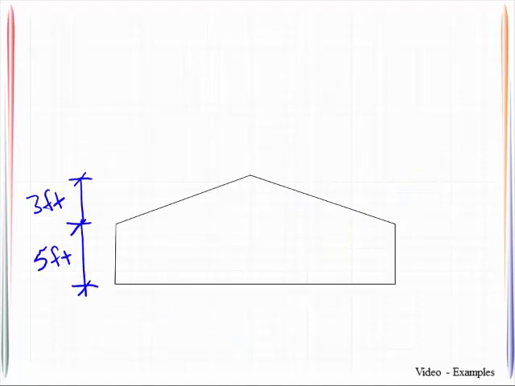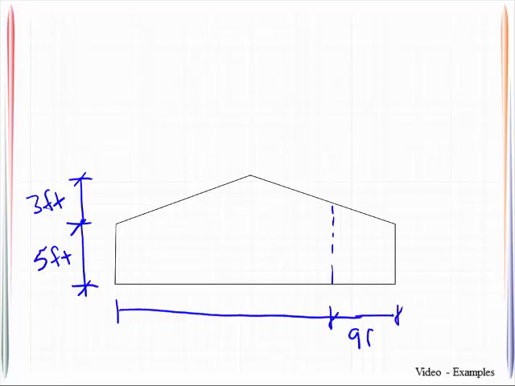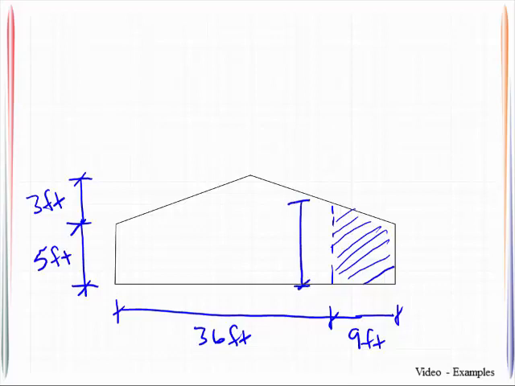So let's go ahead and delineate that even here on this sketch. So we'll go 9 feet here, 36 feet here, and this is that region that has the higher pressure. You'll find it helpful in this case to know what that height is, and just using similar triangles, we could compute that out to be 6.2 feet.